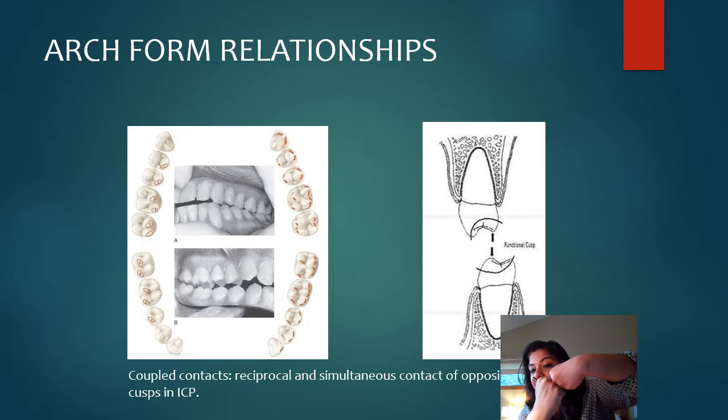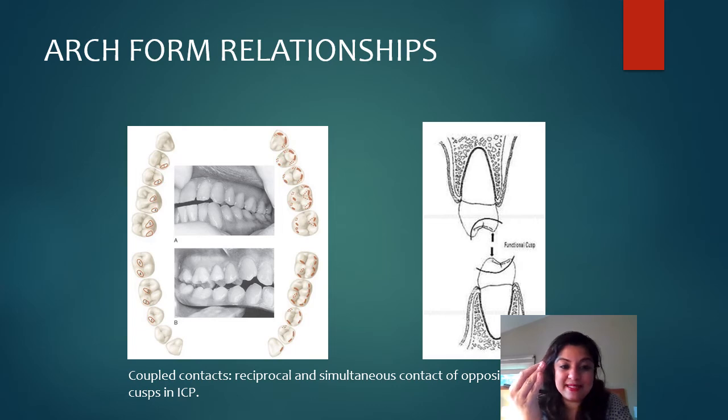But you can also have a crossbite posteriorly like this, where you see some children come in whose upper teeth are sitting inside of the lower teeth, or the lower teeth sitting inside of the upper teeth, like in this picture right here with B. So this kind of bite, where the upper and lower teeth are not occluding properly and the upper teeth are sticking out, is called a buccal bite.